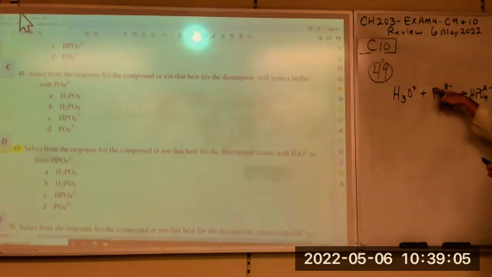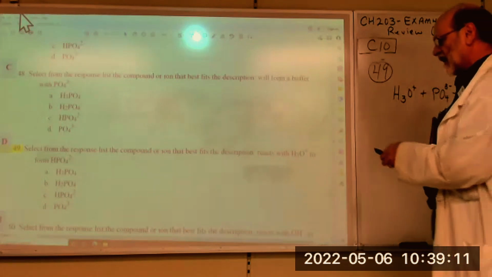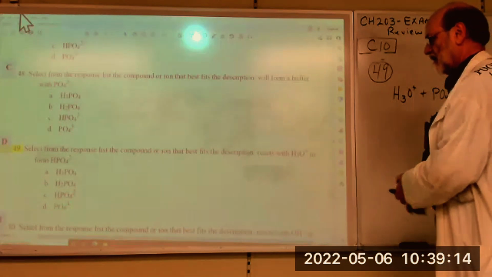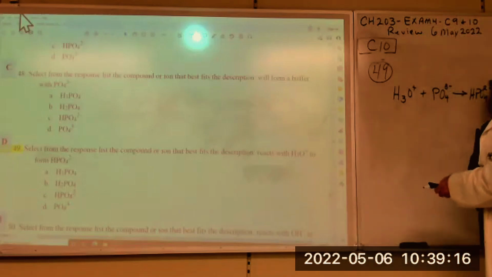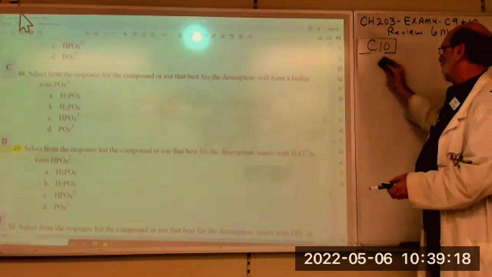There. Because you add a plus, take that down 2 notches, and there's your hydrogen from there. So we're looking for this PO4 3-, right there. So you have to sort of think backwards on that.